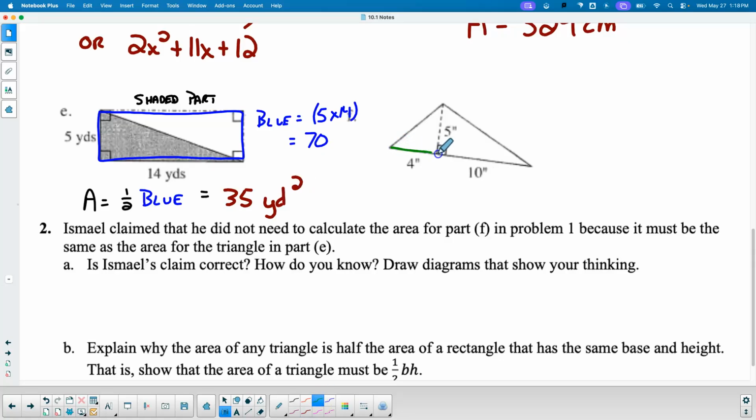If this part is 4, this part is 10, what's the whole thing? 14. That's the base. So the area of a triangle is going to be 1/2 base times height. The kicker is that height has to be perpendicular to the base. Okay? That's how you know that it is the height.